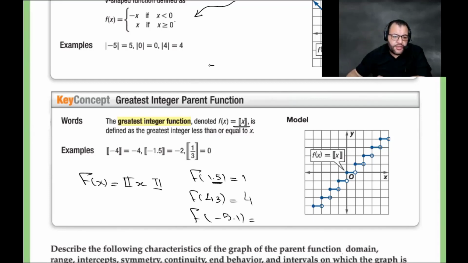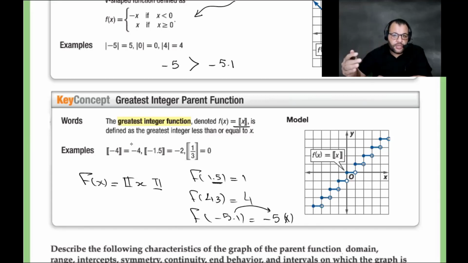If you write negative 5.1 and compare it with negative 5, which one is greater? Negative 5 is greater than negative 5.1. So when I say negative 5.1, if you say negative 5, it's wrong because I need the answer to be smaller than or equal to negative 5.1.